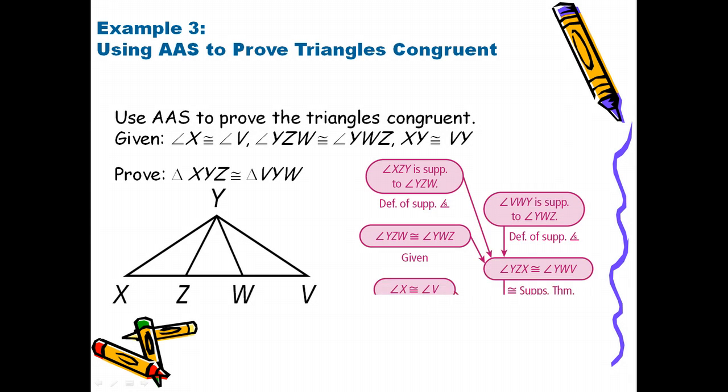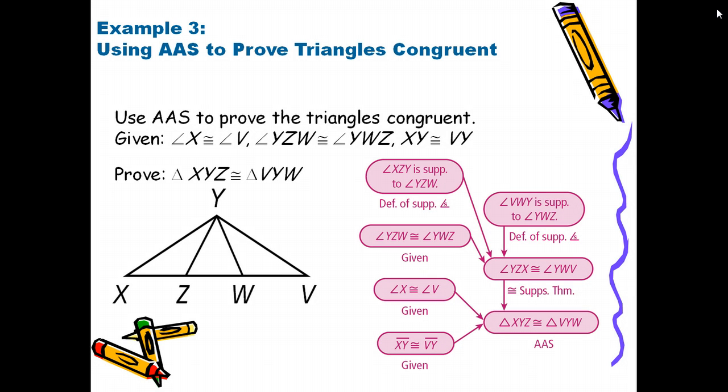We can do a flowchart proof for this, and we can show that if we start up here, we have angle XYZ is supplemental to YZW. So XYZ and YZW, these two angles are supplementary.